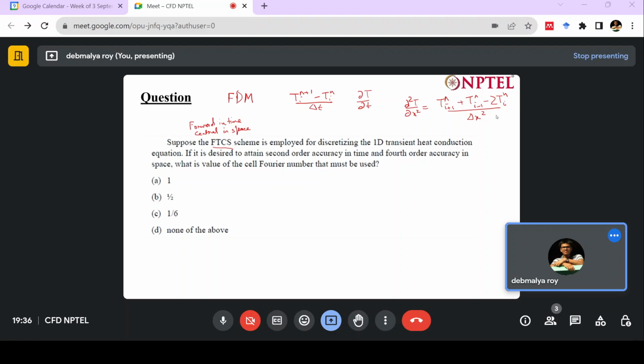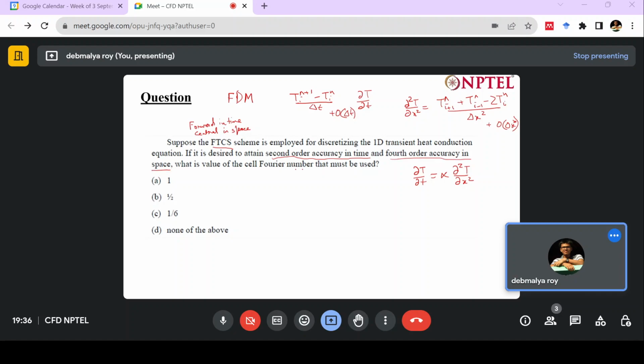So the 1D transient heat equation would look like this: del T by del t equal to alpha del square T by del x square. What will be the order of accuracy for this? This would have a plus delta t term, and this would involve plus delta x square. But here they are asking that second order accuracy in time is required, and fourth order accuracy in space is required.